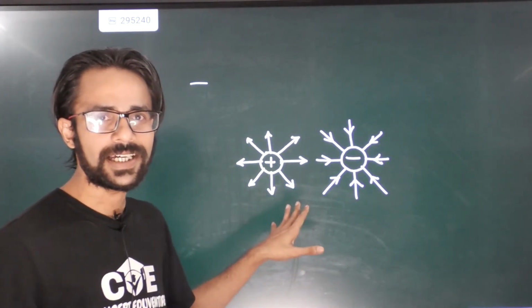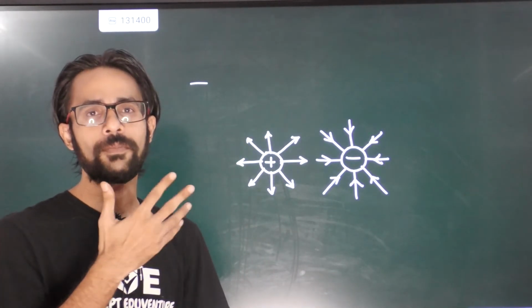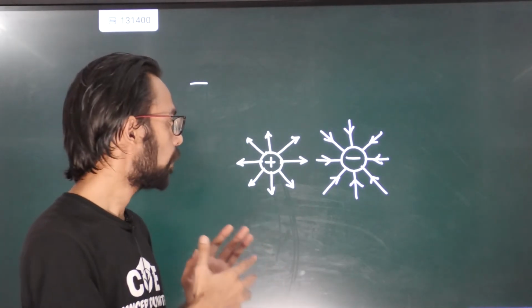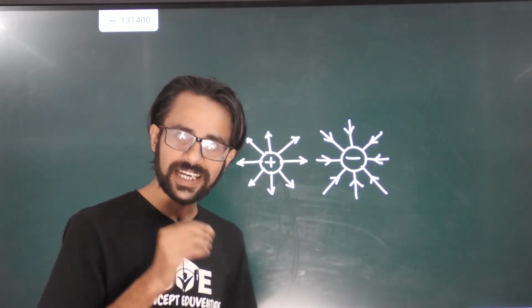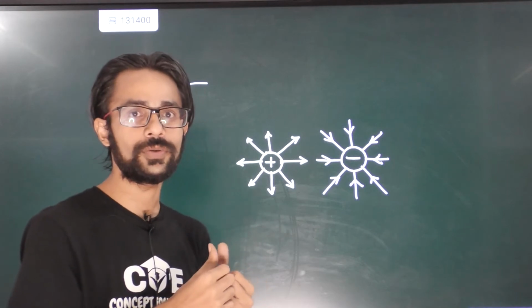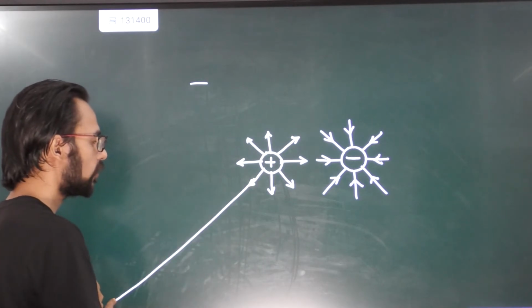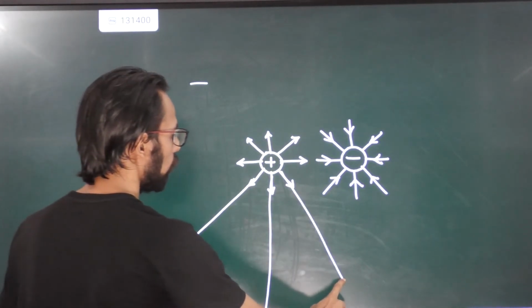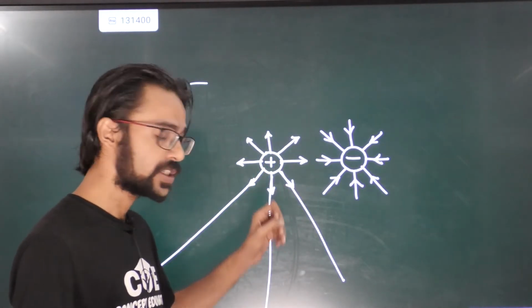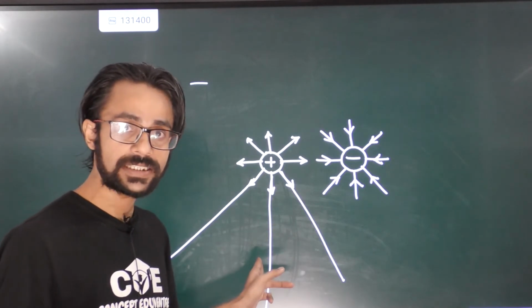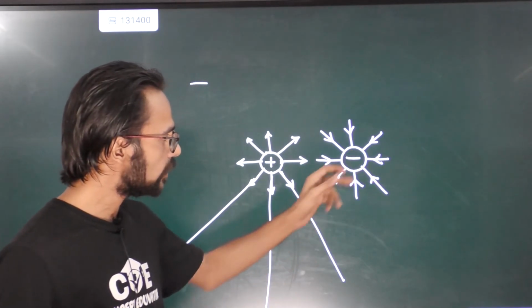Don't worry, these are the assumptions made by Michael Faraday in order to understand how to make the field lines. A positive charge emits electric field lines, and I can draw these lines up to infinity. It means electric field lines originate from a positive charge and terminate at infinity. In a similar way, for a negative charge I can extend the lines up to infinity, so the lines originate from infinity and terminate on the negative charge.